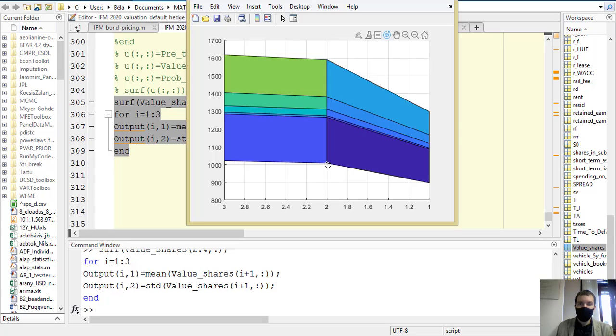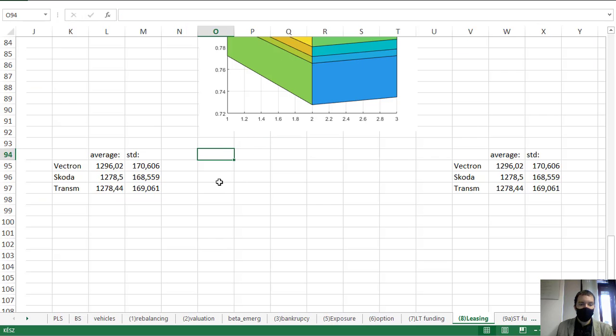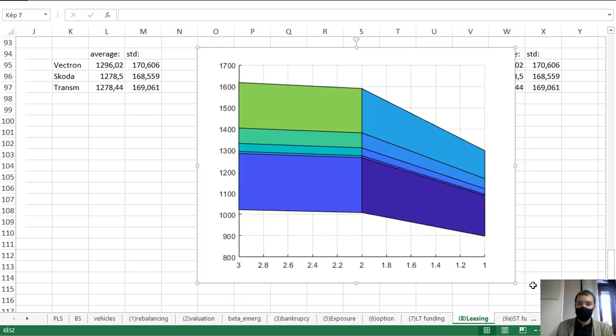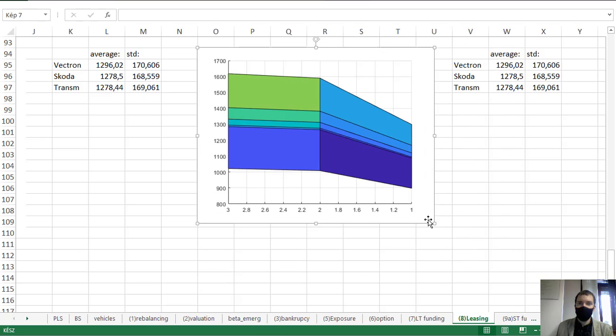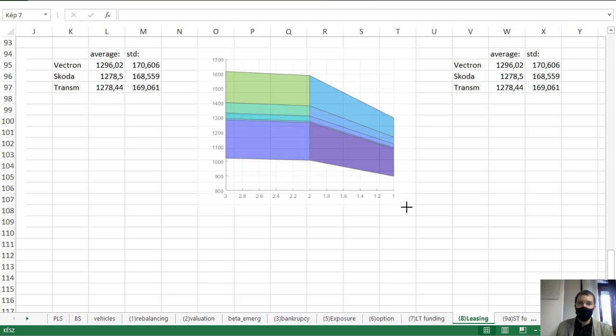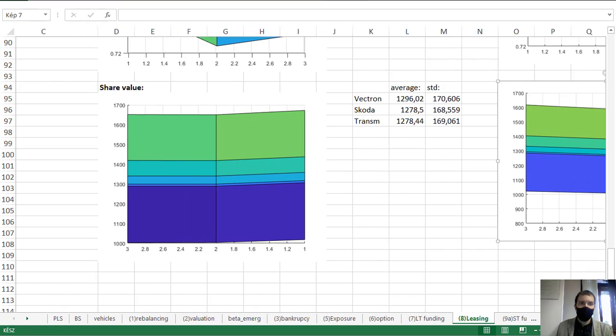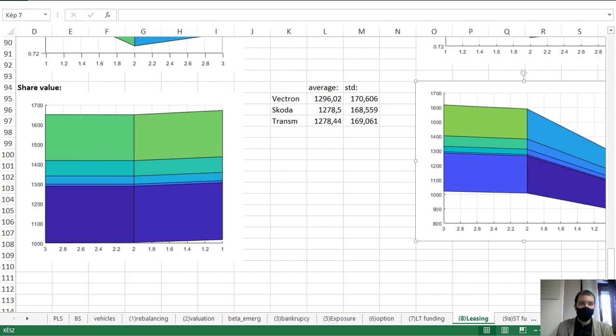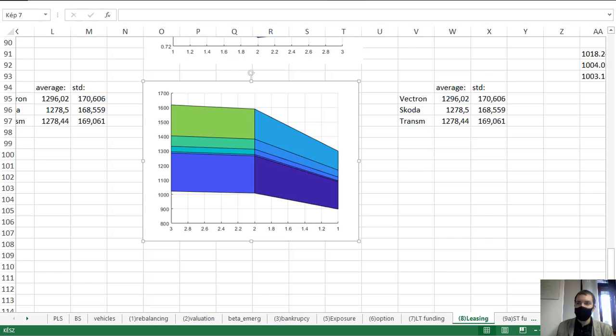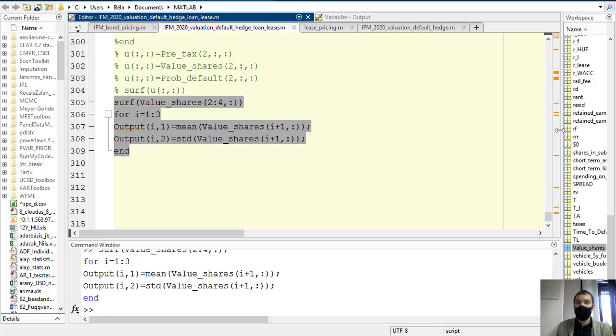This is Vectron, this is Skoda, Transmontana rules here. Okay, leasing a Transmontana can be a great idea, according to the script.